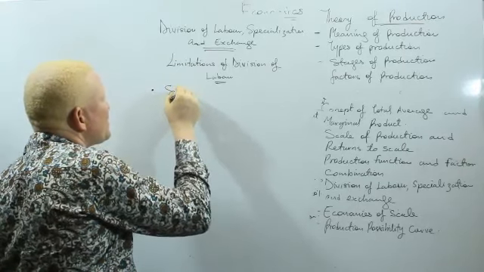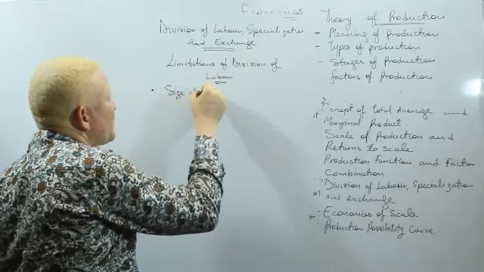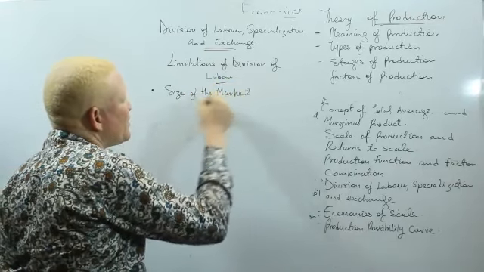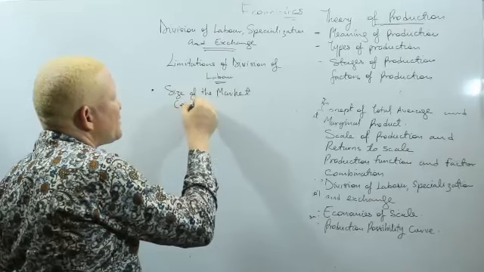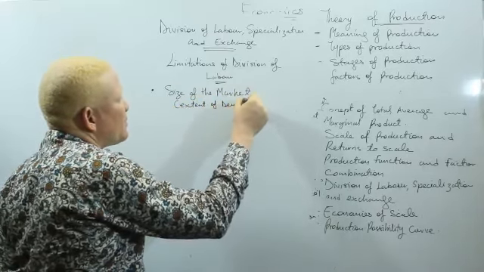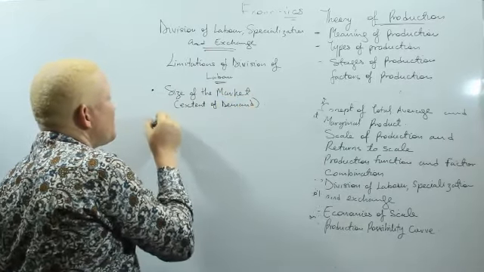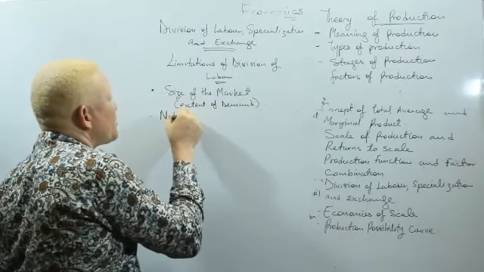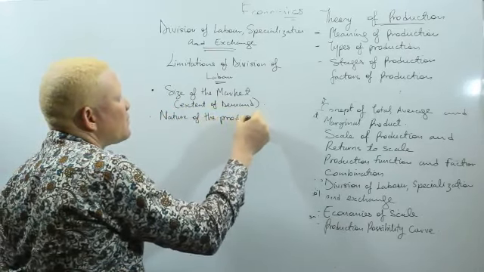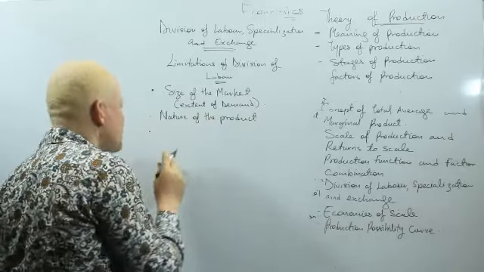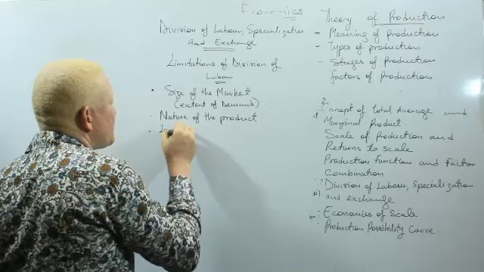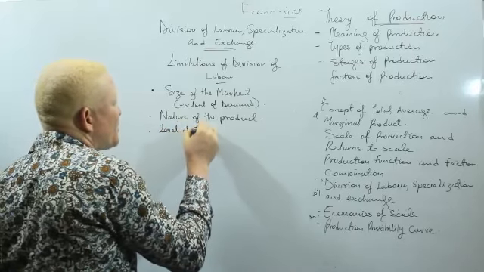The size of the market, or the extent of demand. That is what it means. Two is the nature of the product. Three, level of technological development.